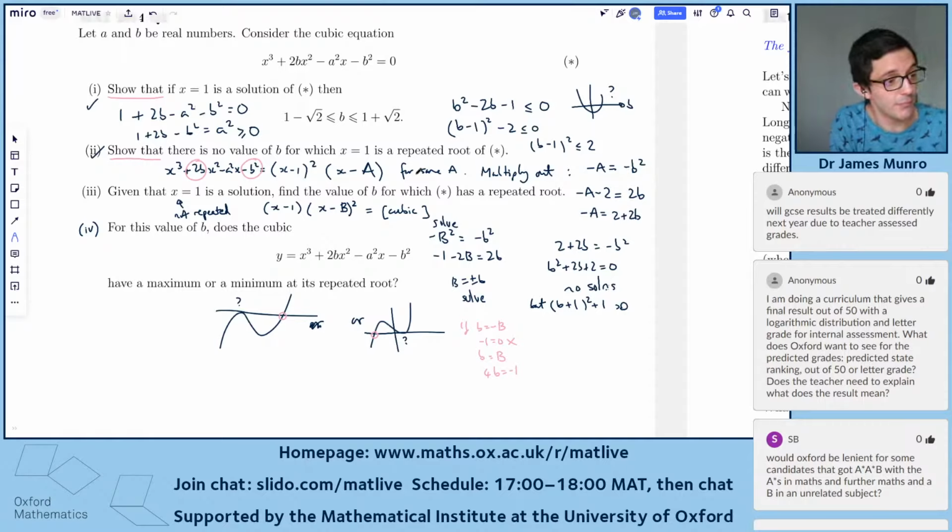GCSE results. We think GCSE results might have to be treated differently. We're getting a slightly different data set on GCSE results. Also, we know that GCSE results had a lot of variance in, a lot of inflation, and a lot of different worrying patterns. So I think we are going to have to treat GCSE results a little bit differently due to noise around teacher-assessed grades from this cohort that you're about to apply to university.